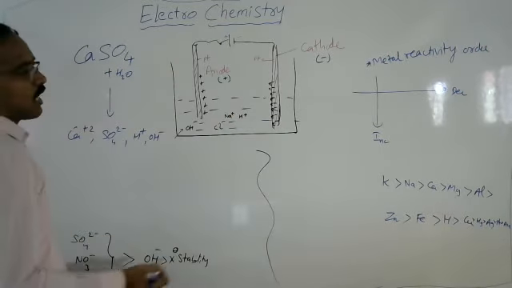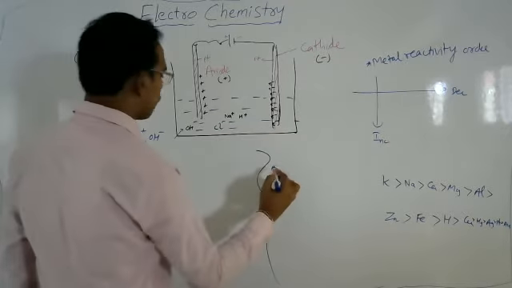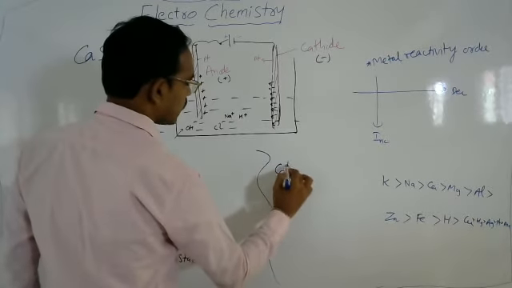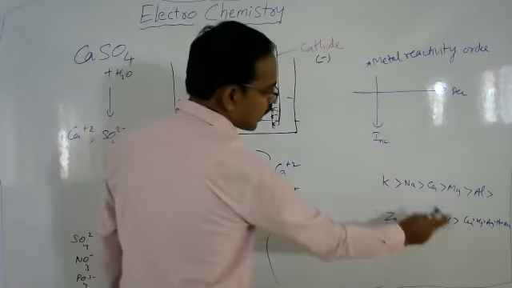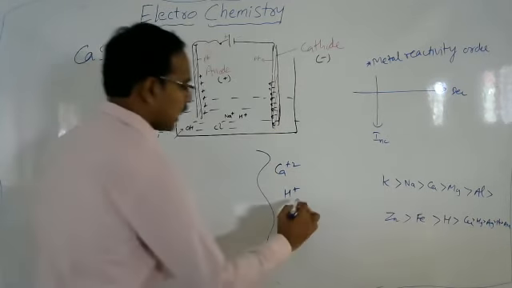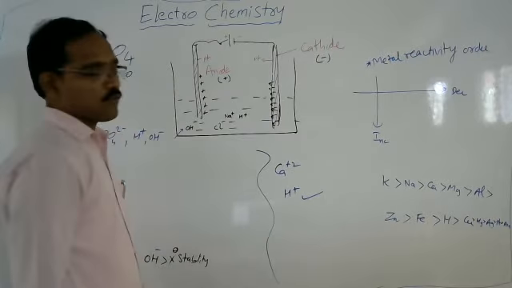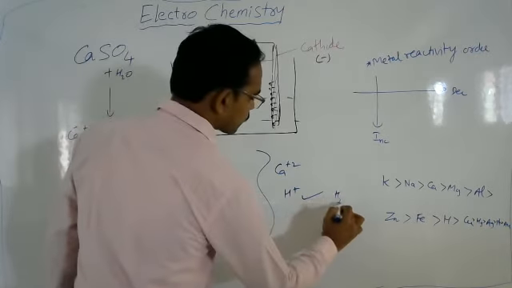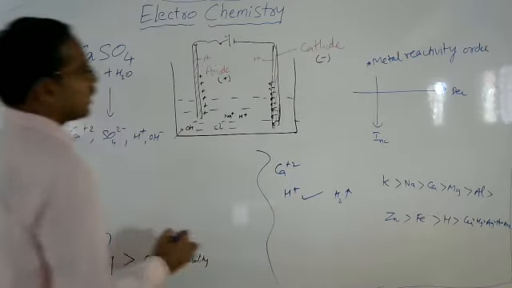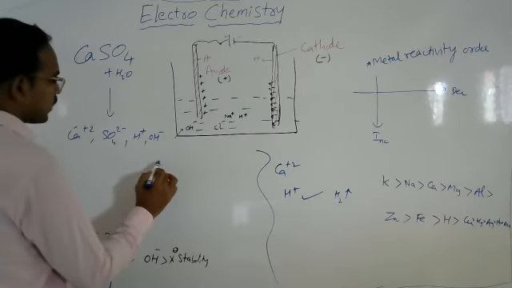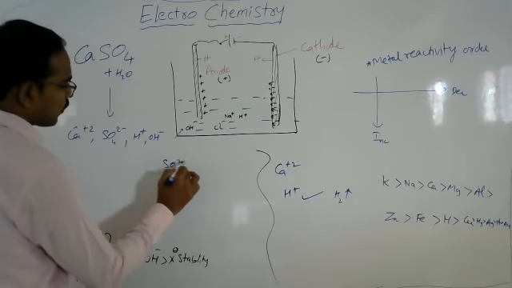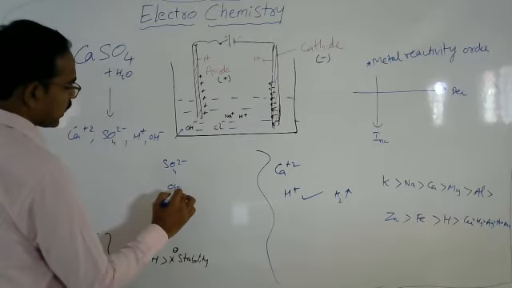At the cathode, cations go to the cathode. Which cations are there here? Ca plus 2 and H plus. Which will take the electron? Between Ca and H, H plus will take the electron, forming H2. Right, at the cathode. What about the anode? At the anode, anions are there: sulfate 2 minus and OH minus.